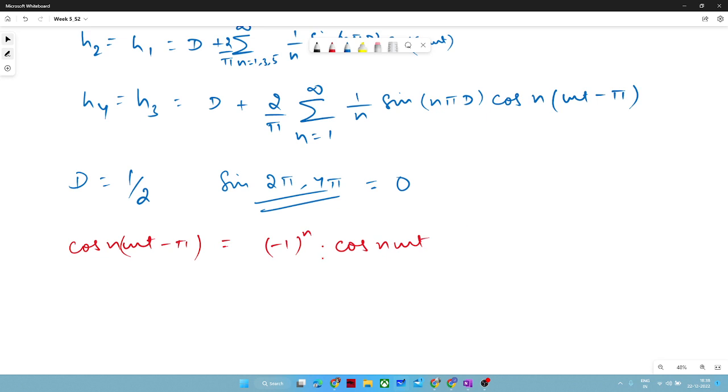So when n is odd, this component will be negative. If n is even, this component will be positive. So it will reduce your time in computation.